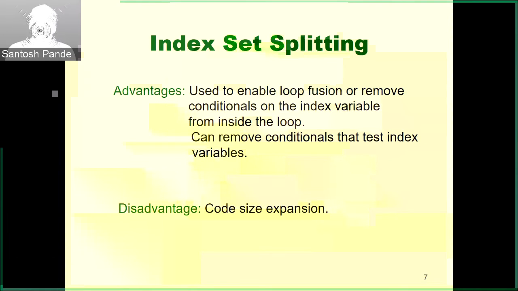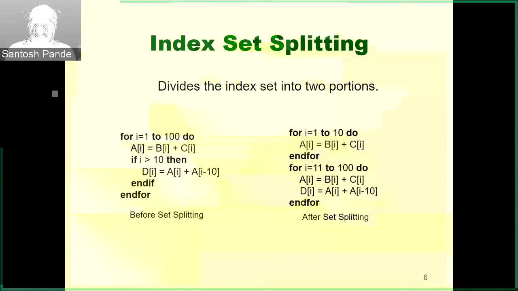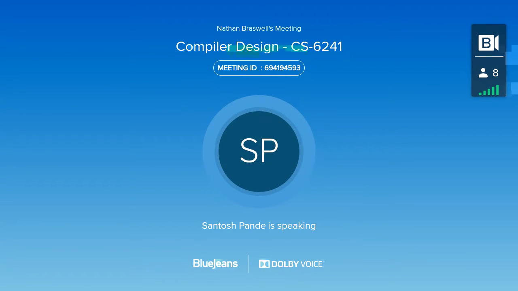And then there is another use of this transformation which is not clearly noted here, and that's a very interesting use. So let me go to the whiteboard to show you that use, about what index set splitting really allows you to do.